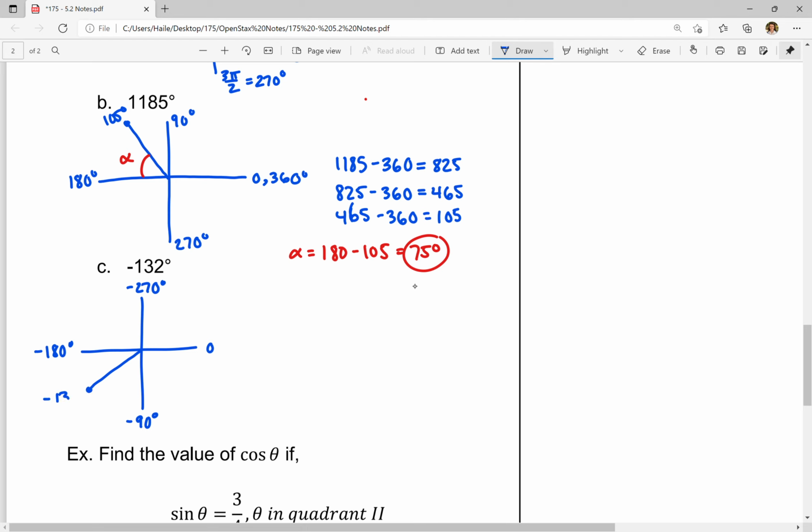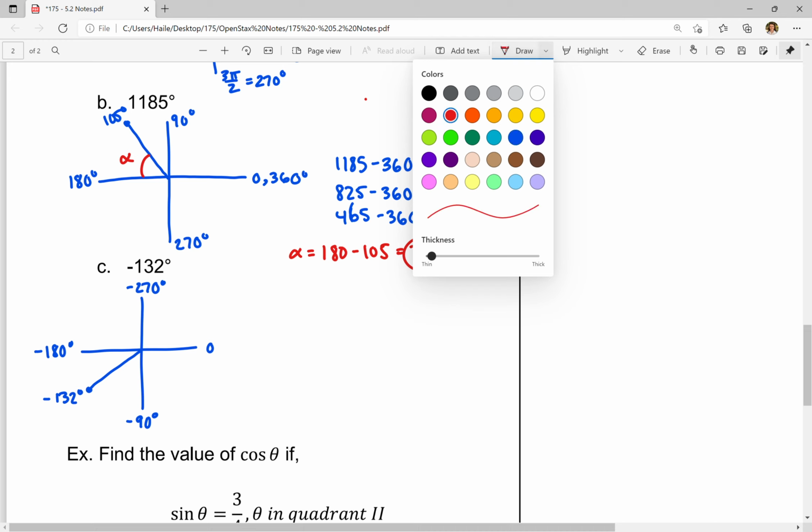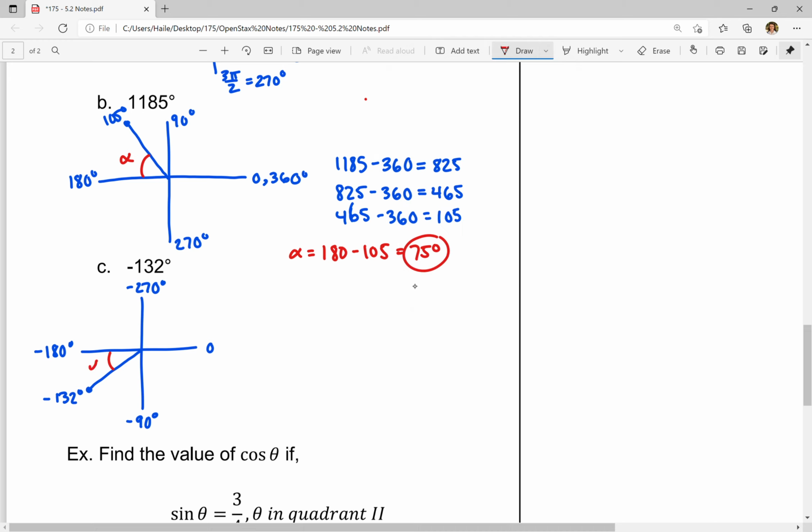So I'm just going to draw it right there. So our reference angle is going to be this angle in here between negative 180 and negative 132. So to find that reference angle alpha, I can just take 180 minus 132, and that gives me 48 degrees.